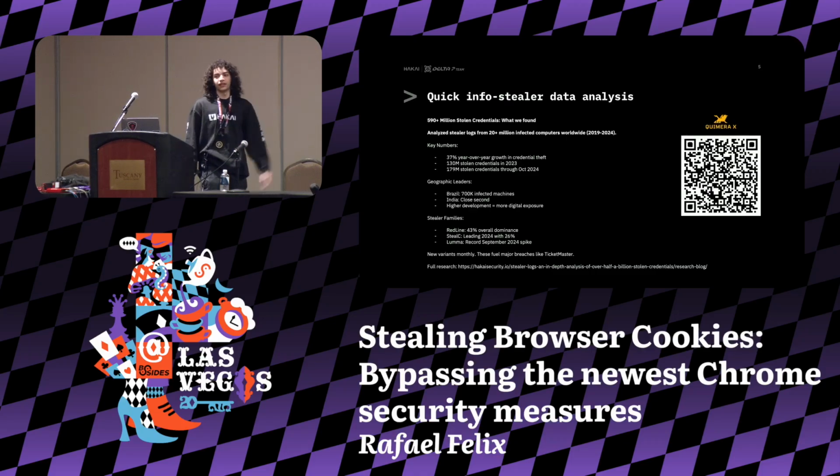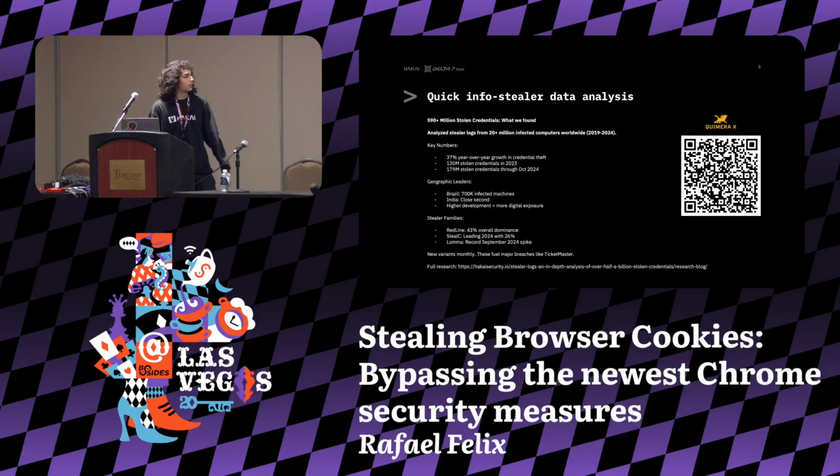The geographic leaders are Brazil, India, and those who have a higher population and more digital exposure, which is expected. This research gets into how this data relates to the Human Development Index too, which is very cool. If you guys want to see, after the talk, you can save the link on the QR code.